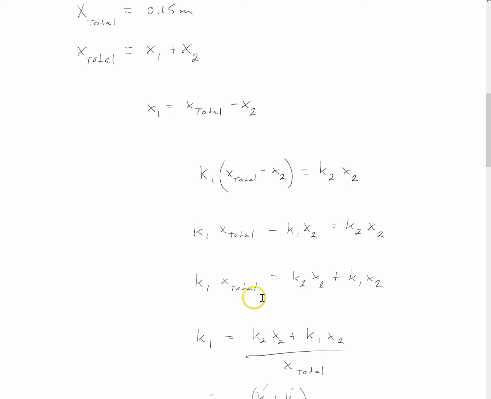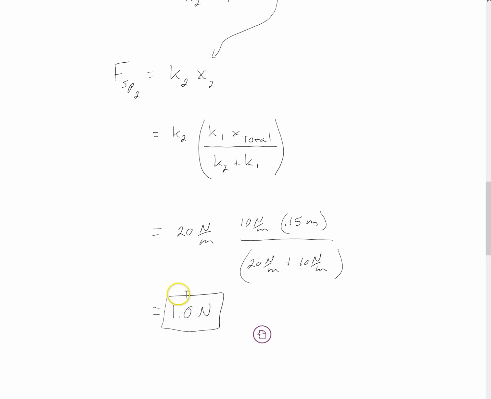I ended up actually wanting to solve for position 2 because I had all of the other numbers: the spring constants 1, 2, and then the total. Because once I found out how far one of the springs stretched, I could multiply it by K, and that would give me the spring force. In this case, since I was after spring 2, that being the net force, stretch 2 is what I was after. And I ended up with 1 Newton.